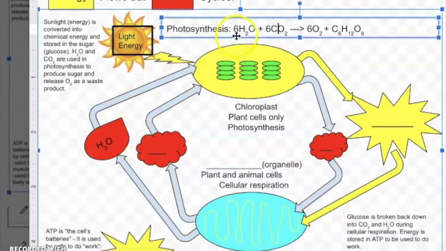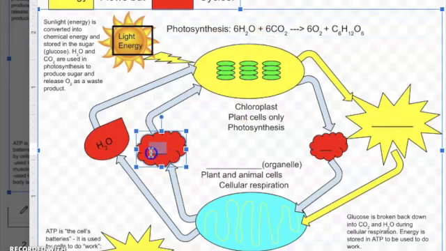But we have 6 molecules of water, 6 molecules of CO2, and these are our reactants. These are what are going into the chloroplast or into the plant for photosynthesis.